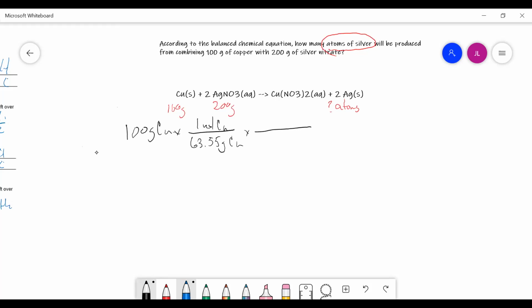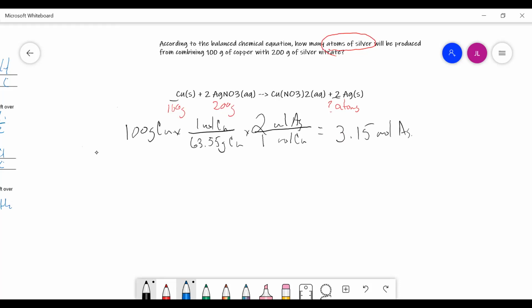We're going to get to silver: moles of silver per mole of copper. It's a 1 to 2 ratio, so every time we use 1 mole of copper, we produce 2 moles of silver. So 100 divided by 63.55 times 2 gives me 3.15 moles of silver produced, if we're assuming that the silver nitrate is in excess.